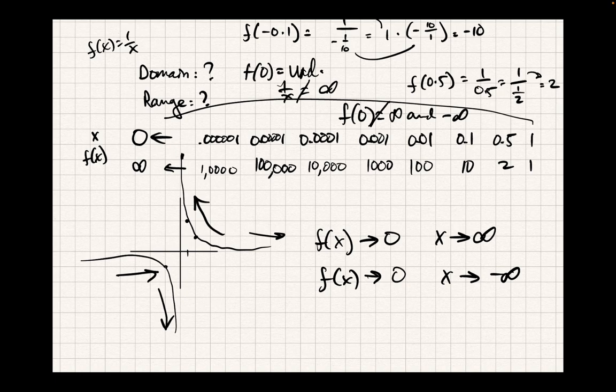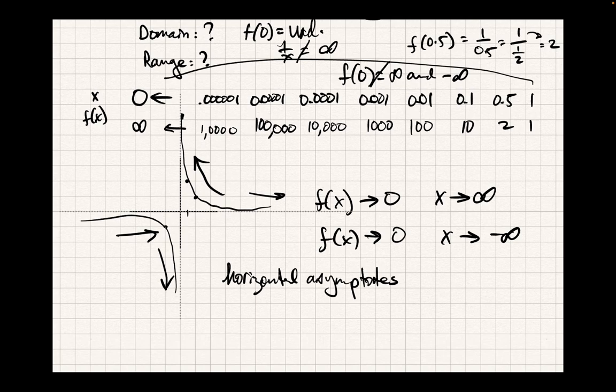Also, in both directions, as we're approaching infinity here, I'm drawing this with a dotted line. This is an asymptote. This chapter is rational functions and asymptotes. So this dotted line that I'm drawing here is also an asymptote. I've drawn a horizontal asymptote. What's the equation of my horizontal asymptote?